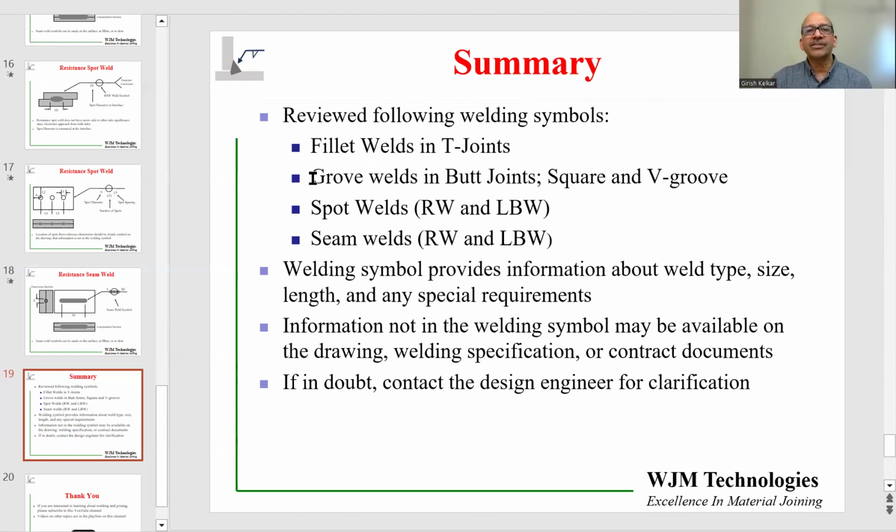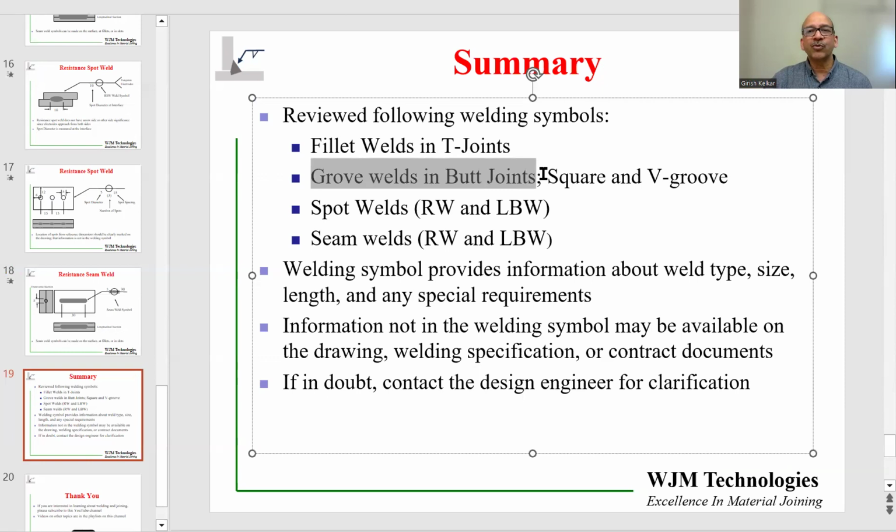We also looked at special situations in butt welds, where in one case, we saw that the top of the crown was machined off. And in one case, we saw that there was a requirement for the root drop. So those are special requirements, which are quite common in butt welding. We also reviewed spot welds for resistance welding and laser beam welding. We also reviewed seam welds for resistance welding and laser beam welding.